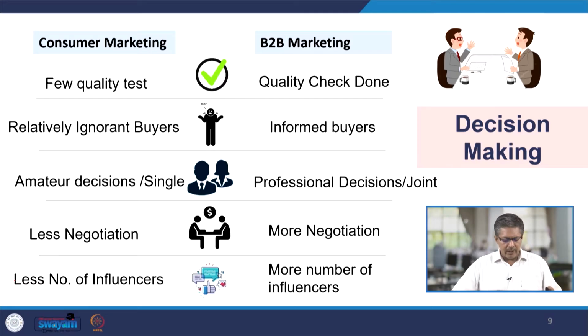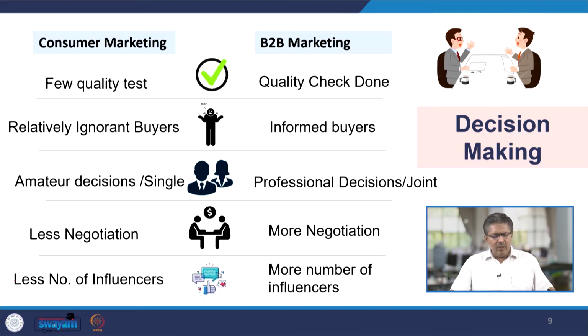Because they can show certain differences in the parts used during assembly, and as a result they can change the price. This leaves scope for negotiation in the B2B market. But in the consumer market, because it is a standardized product, there is hardly any scope for bargaining or negotiation.